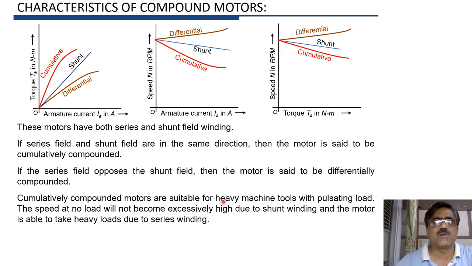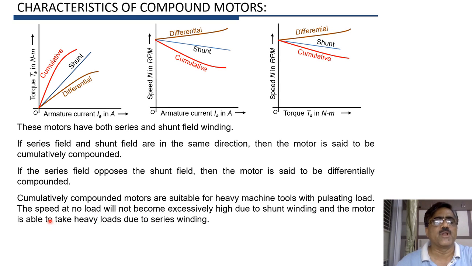Now it is suitable for heavy machines because its starting torque is high, and it is suitable for pulsating load because it can be operated even if the load is zero. We have seen that series motor cannot be operated with zero load because its speed will become dangerously high in case of light load conditions.